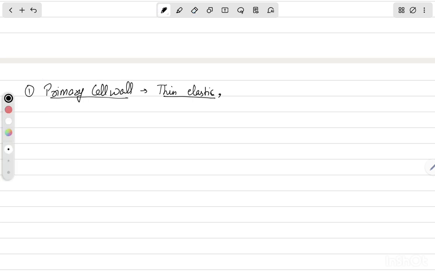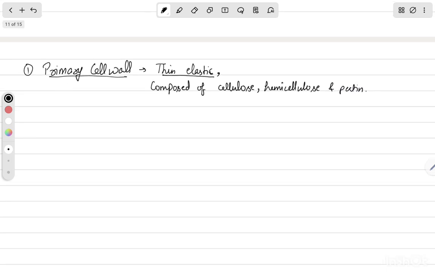So it is thin, it is elastic, it is composed of cellulose, hemicellulose, and pectin. Right? Lignin is not deposited. Lignin will be present in secondary cell wall because deposition of lignin will make the cell wall rigid and hard. And we are saying that primary cell wall is thin and elastic. So elasticity is provided by pectin and rigidity is provided by lignin.